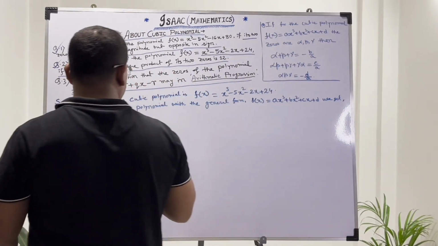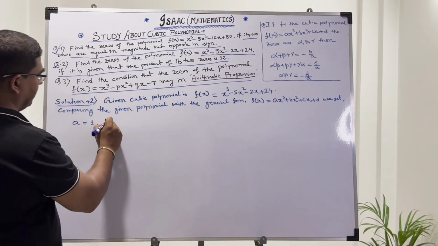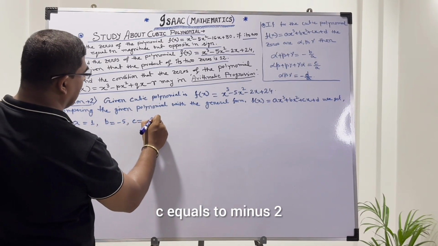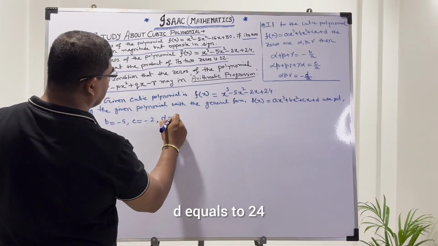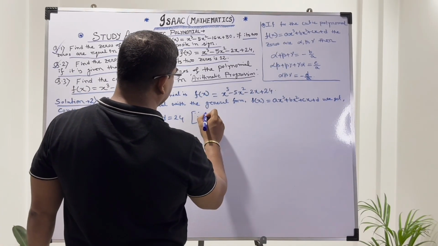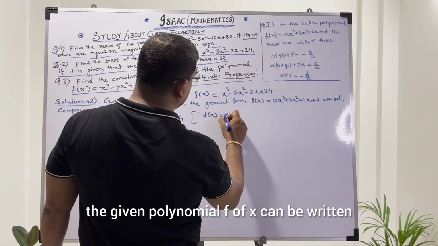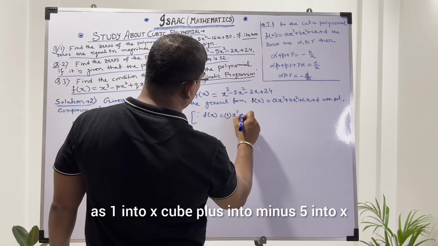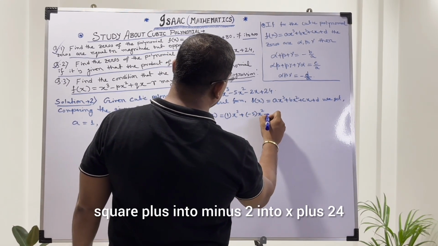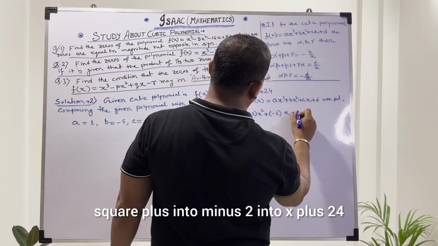we get a equals 1, b equals minus 5, c equals minus 2, d equals 24. Since the given polynomial f of x can be written as 1 into x cube plus minus 5 into x square plus minus 2 into x plus 24.